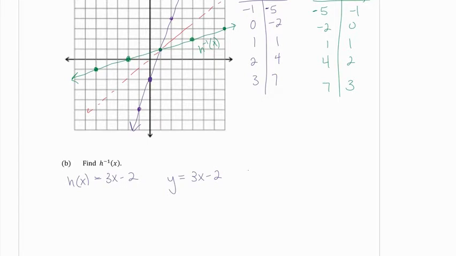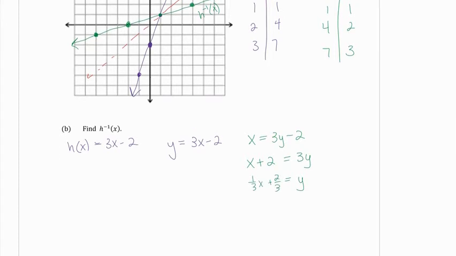So x equals 3y minus 2. And then I'm going to solve for y. So that'd be x plus 2 equals 3y. And then divide by 3, get 1/3 x plus 2/3. So our inverse function, h negative 1 of x, is 1/3 x plus 2/3.